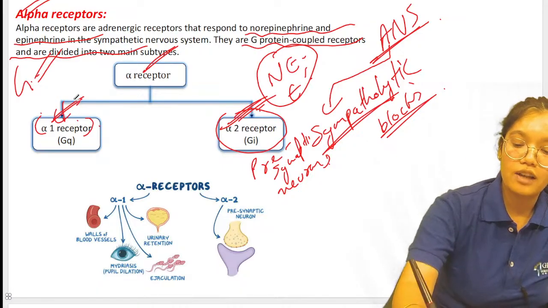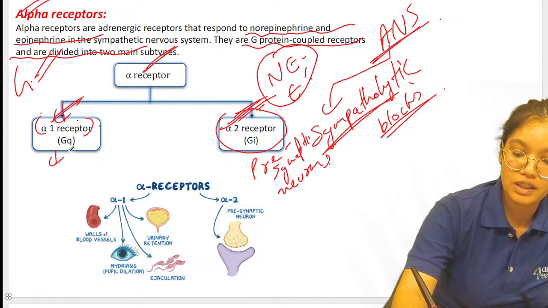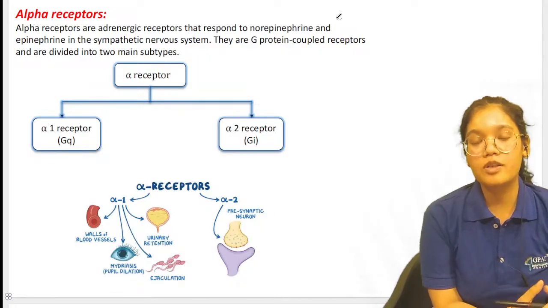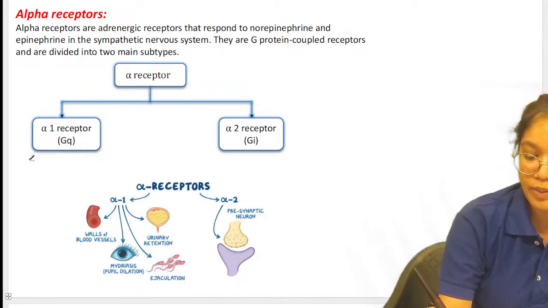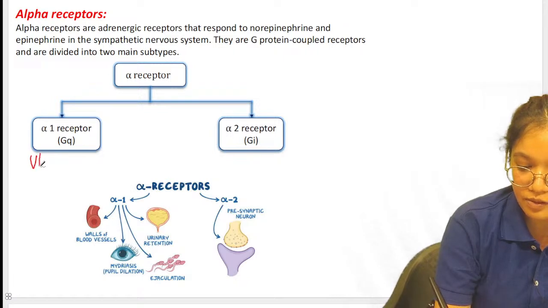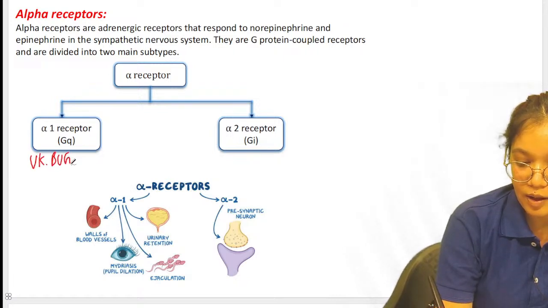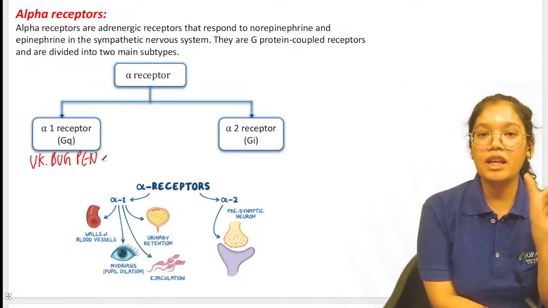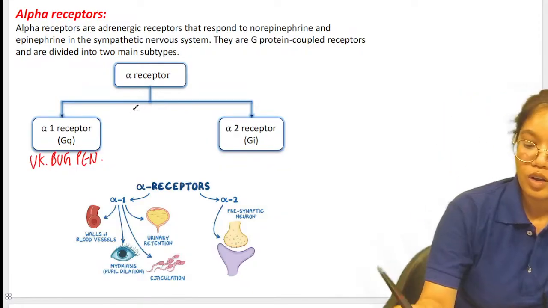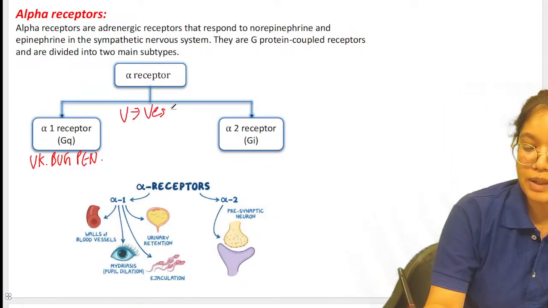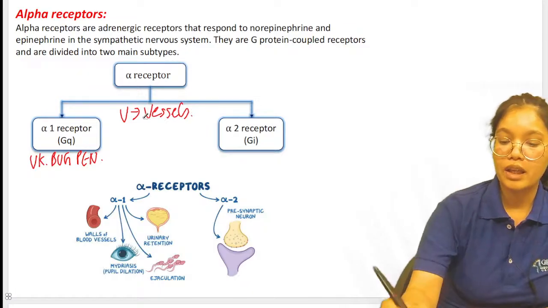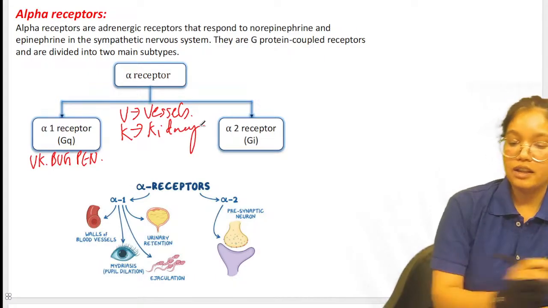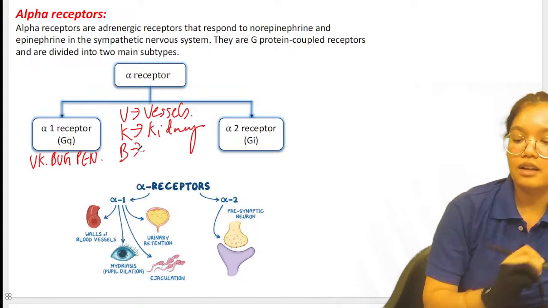Now talking about the alpha 1 receptor, we will remember its location with the help of a trick. Remember this trick: VK BUG PEN. From V we can say it is present in vessels. From K, kidney. From B, the bladder.